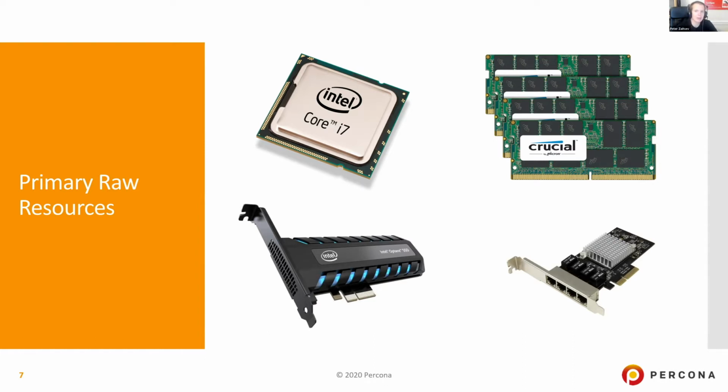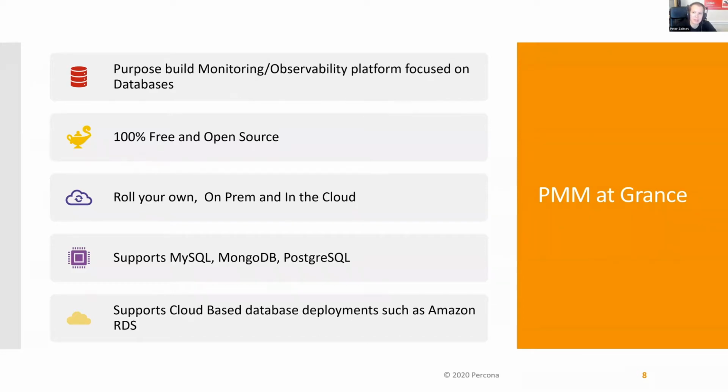Okay. If you do not know what PMM is, it is our purpose-built monitoring and observability platform. There is a second M in PMM for management, but it doesn't do management yet. That's something we are working on, and the name is kind of aspirational. PMM is a 100% free and open source project. You can run it on-prem or in the cloud.